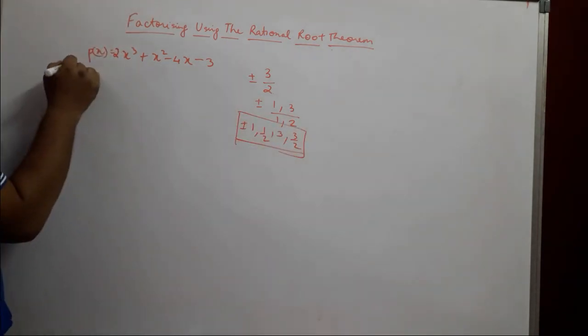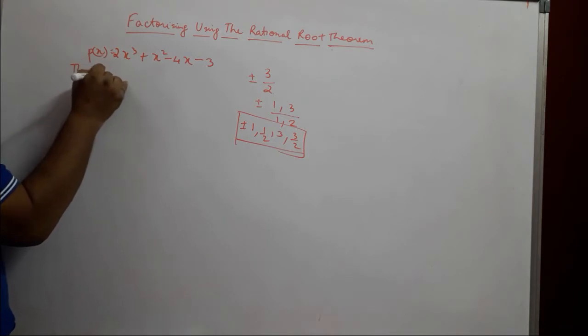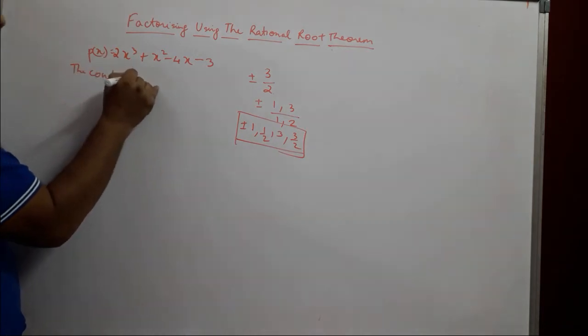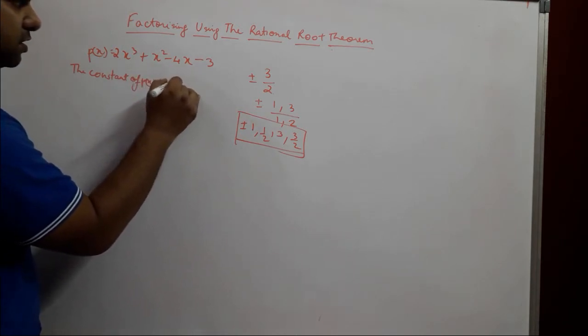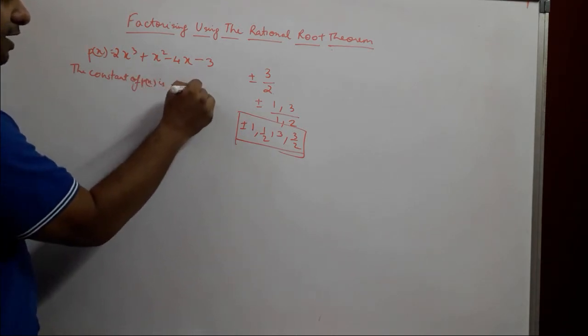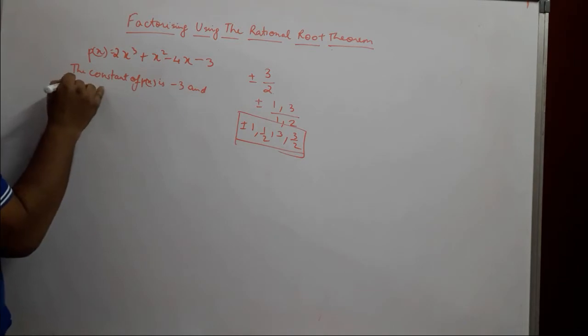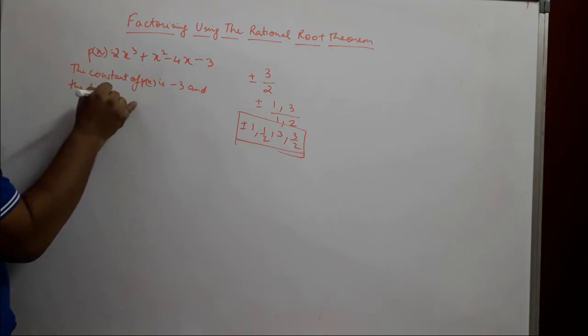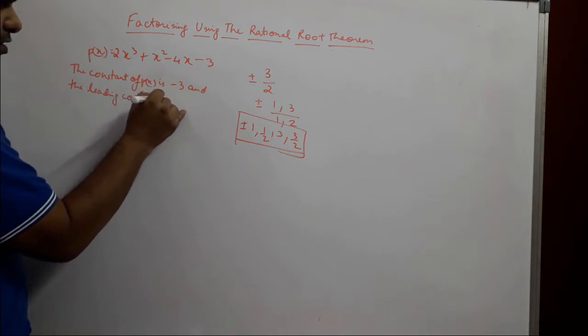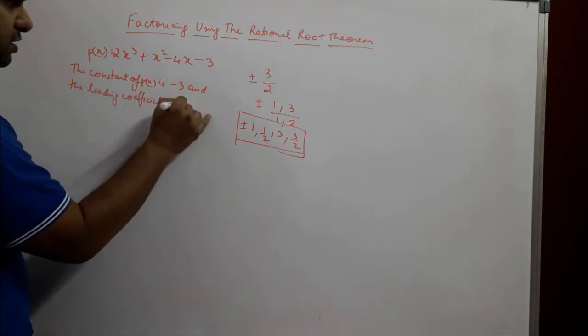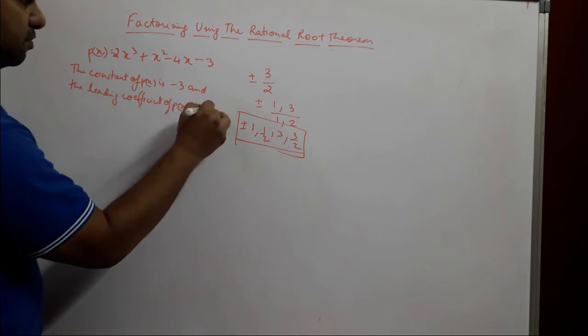So let's put it down over here. The constant of p of x is minus 3, and the leading coefficient of p of x is plus 2.